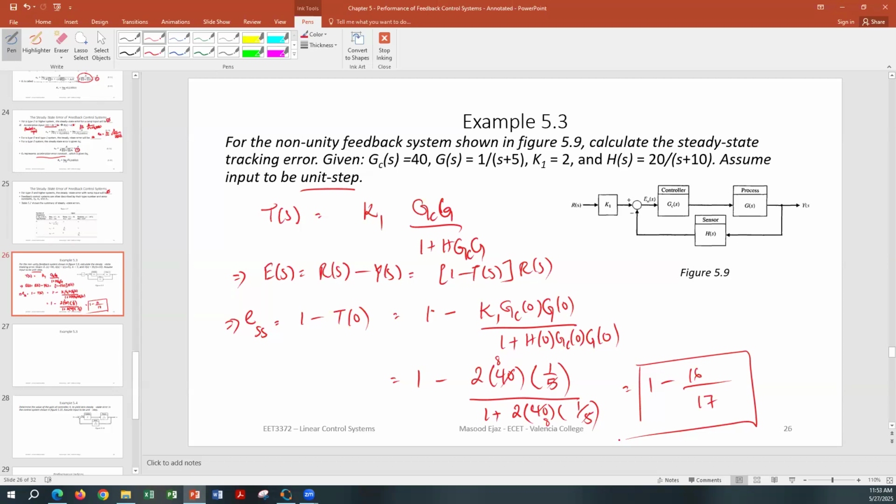Okay, so that's going to be 0.06 then, 1 minus 0.94. So 6% steady state error you have, which is again very small. Usually with a practical system, you don't expect to be exactly 0 steady state error because of all the disturbance and noise that is going on. But 4% or 6% steady state error is very good. It's acceptable.